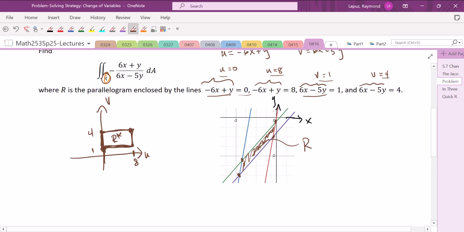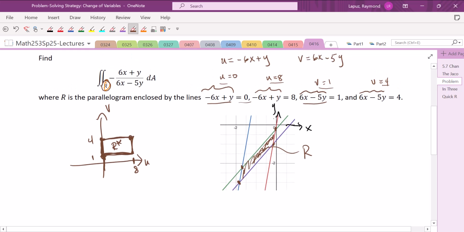So instead of having limits for X and Y over here, I'm going to have limits for U and V. So what does that mean? My transformation, T, takes us from this rectangle to this parallelogram.